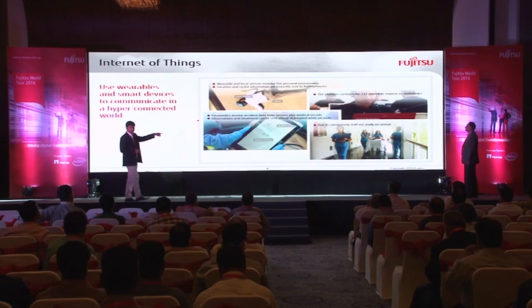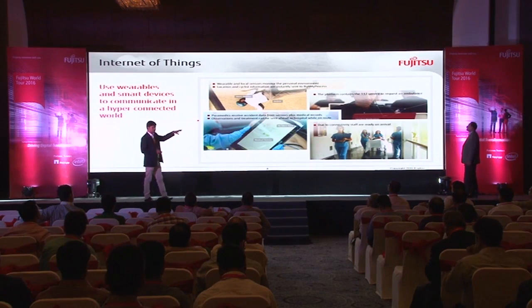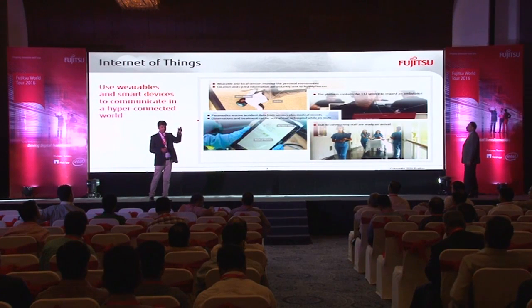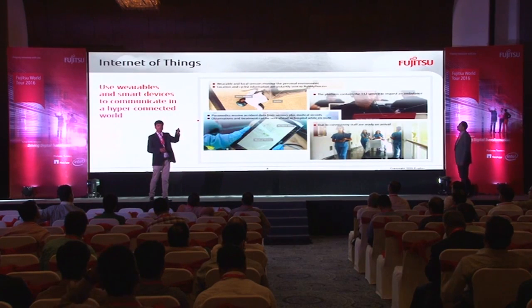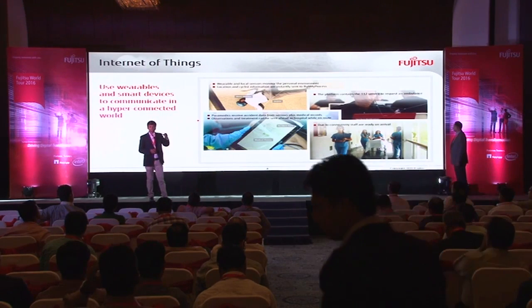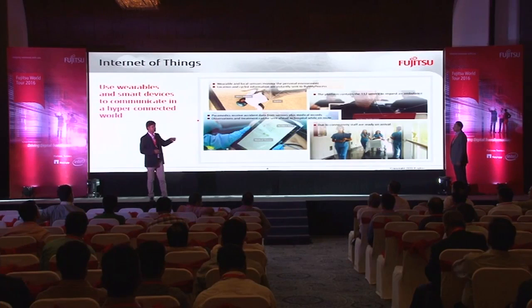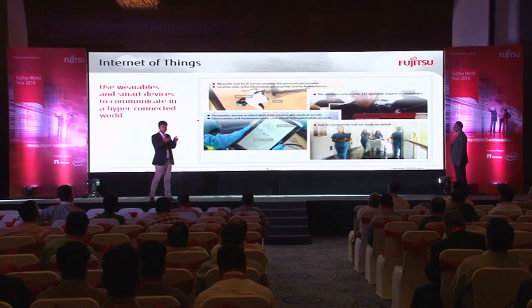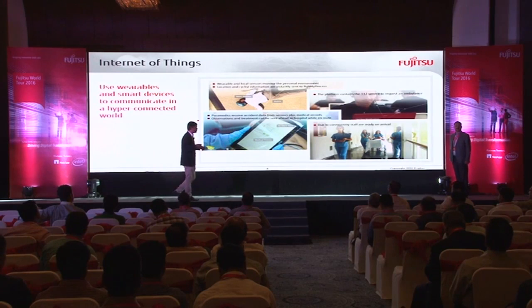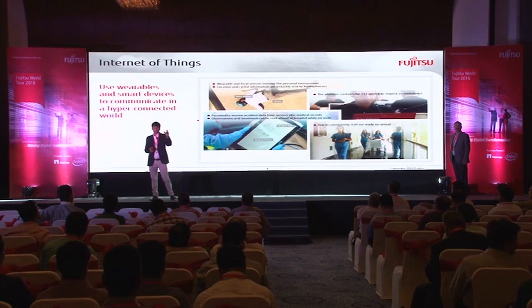So, just adding to what Sanjay said, in fact, the beacons, which are the tracking devices, are Fujitsu's own patented devices, which help to track the individual devices which are always on the move. This is a patented technology of Fujitsu.